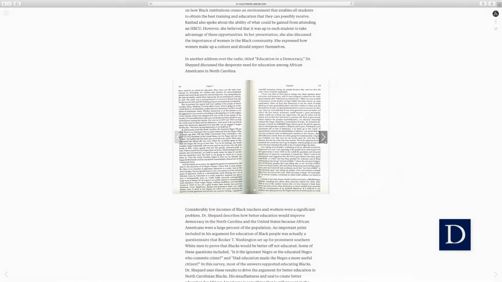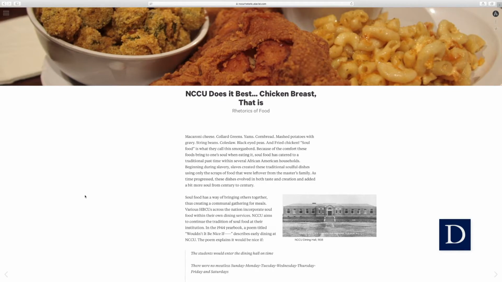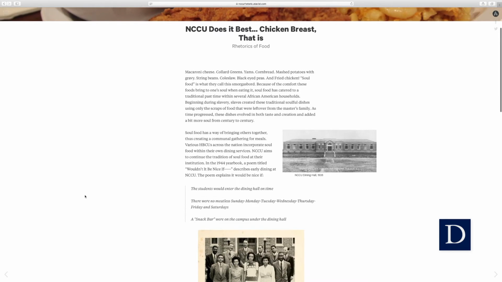So one of the cool things that students did is they went back through a lot of our old yearbooks and through our newspaper archives, and found cool images like this, which is the dining hall in 1938.